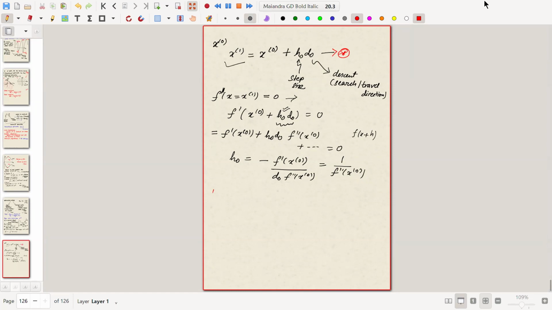So put h naught in star and we get what? x of 1 equals x of 0 minus f prime at x equals x0 divided by f double prime at x equals x0.